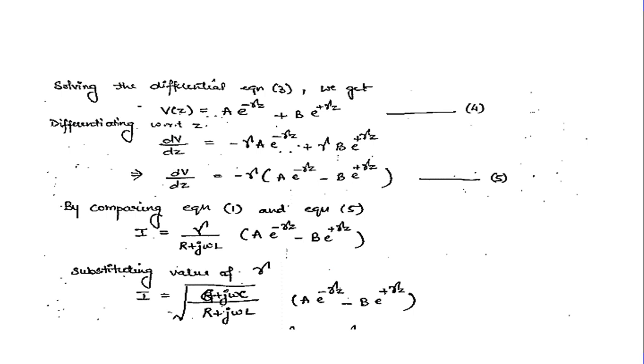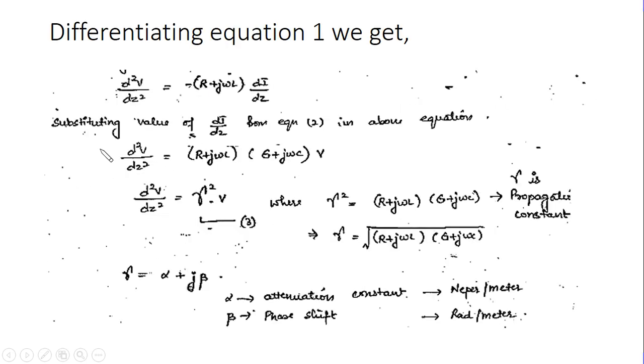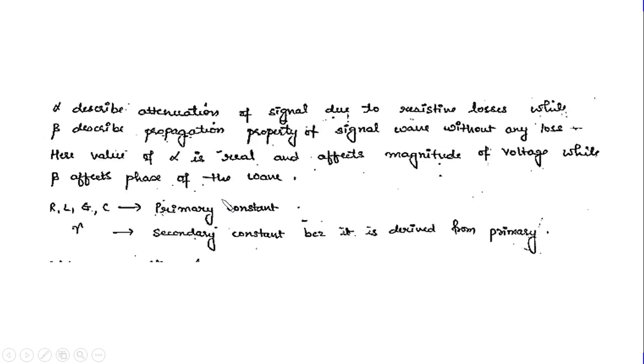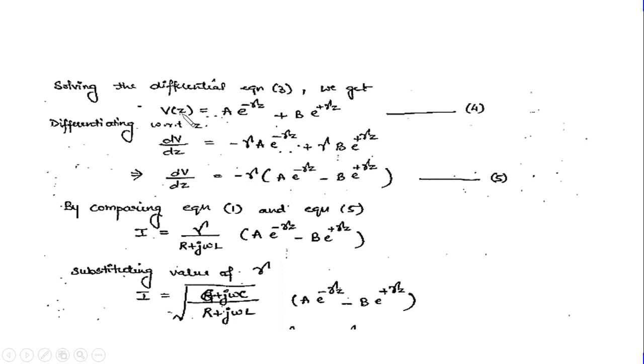Now if we consider equation number 3, where d2v by dz square is equal to gamma square into v, and we solve this differential equation, we will get v of z is equal to A into e raised to power minus gamma z plus B into e raised to power plus gamma z.